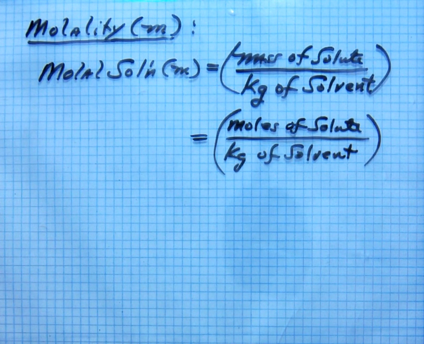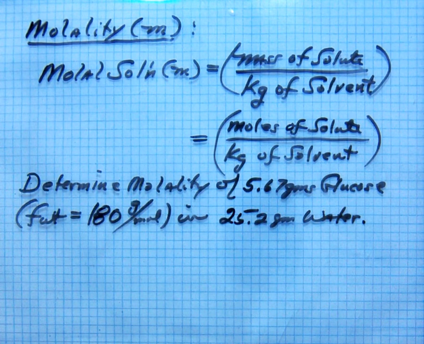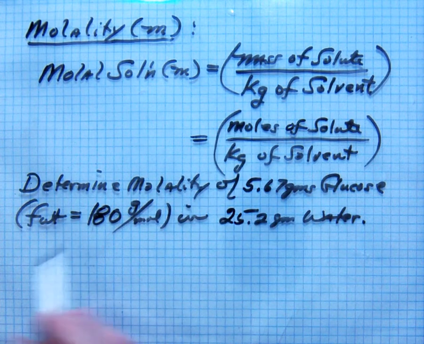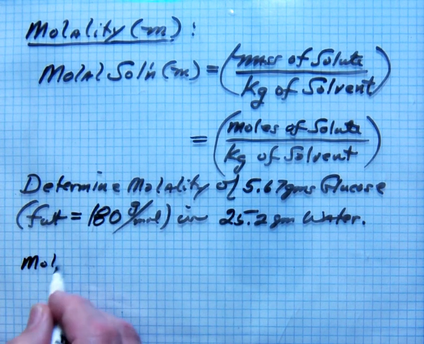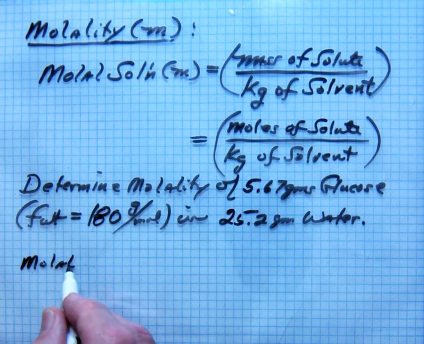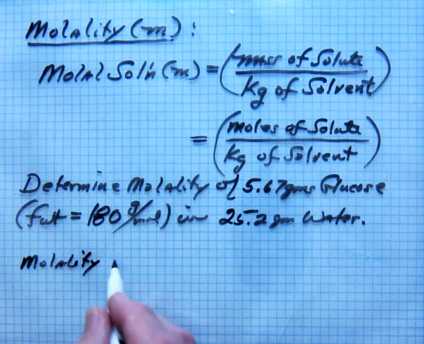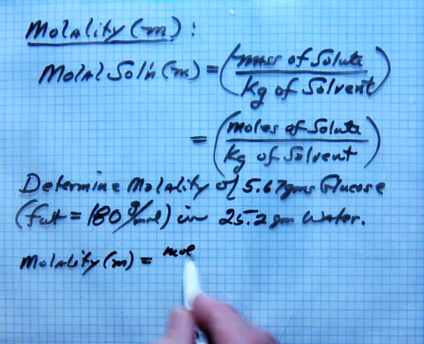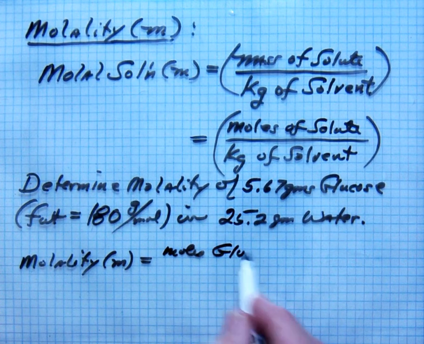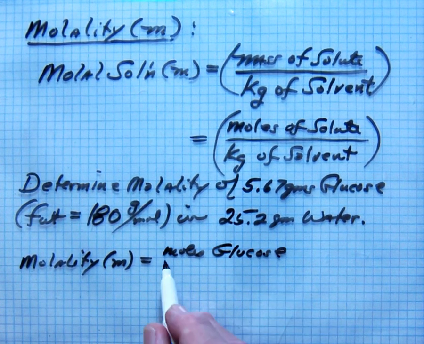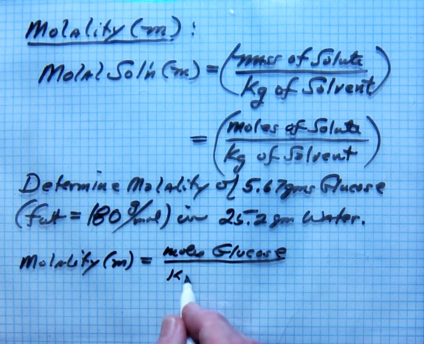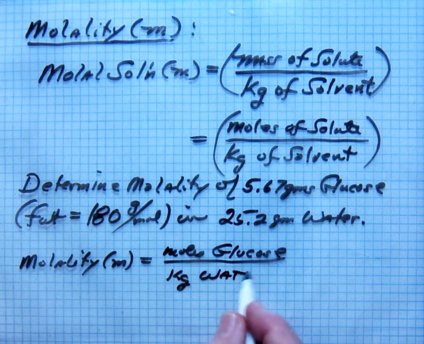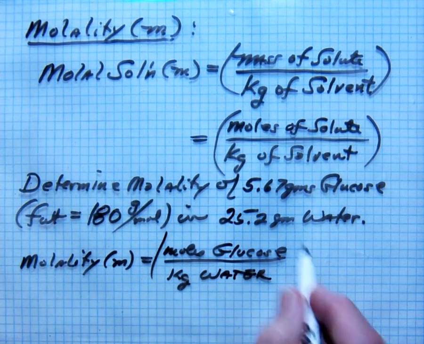Let's say, okay, so we want to find this as a molality, lowercase m, is equal to the moles of glucose divided by the kilograms of water. That's all it is.